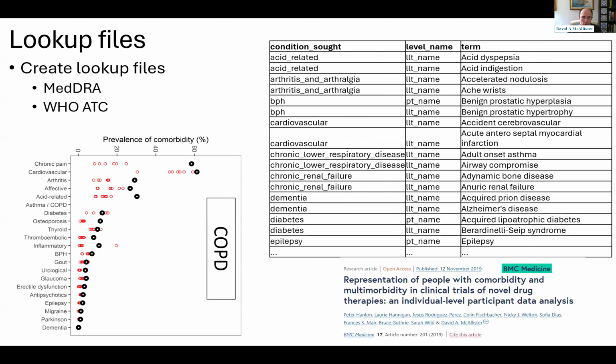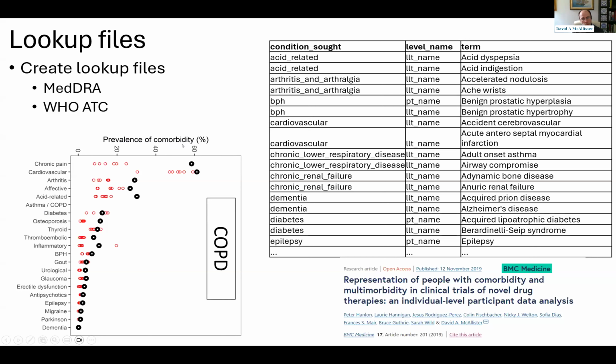Lookup files. So before, when I was talking about trying to abstract metadata from code, you can actually abstract the metadata all the way out of the Vivli environment. For example, we published a paper a number of years ago, and here's an excerpt from it at the bottom left. We were interested in comorbidity in clinical trials versus the community.